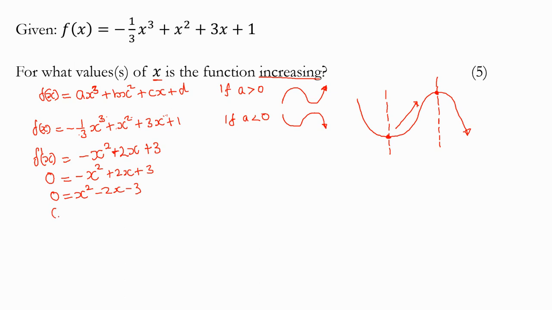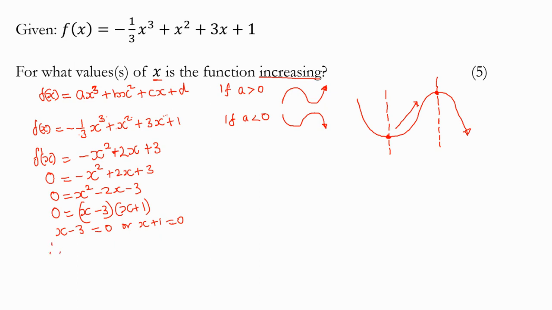So 0 is equal to x minus 3 times x plus 1. We have factorized them. So x minus 3 is equal to 0, or x plus 1 is equal to 0.